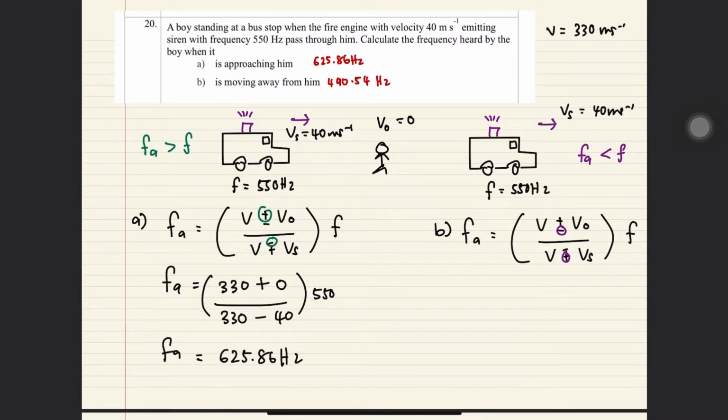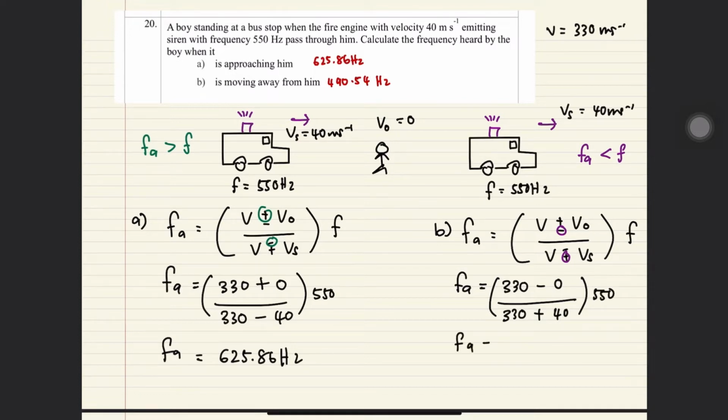Okay, so here FA is equals to 330 minus 0. Observer still not moving. 330 plus Vs, which is the source, 40, multiply with frequency of the source, 550.